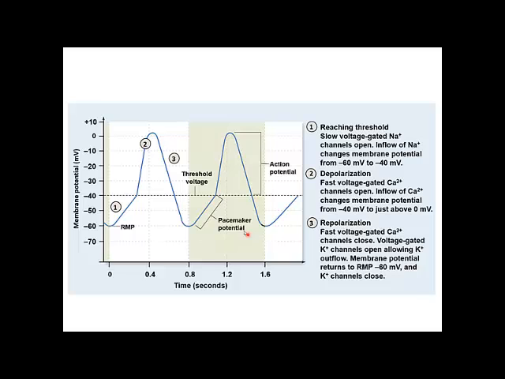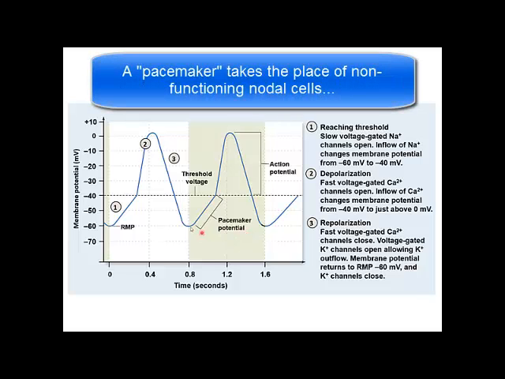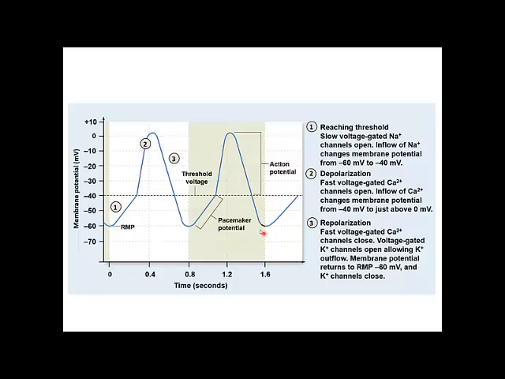And this is where that term pacemaker comes from. These cells set our steady rhythm of depolarization and action potentials for the heart. Once these cells depolarize, the neighbors will depolarize because of gap junctions, and your wave of depolarization or action potential will spread from this point around the heart.